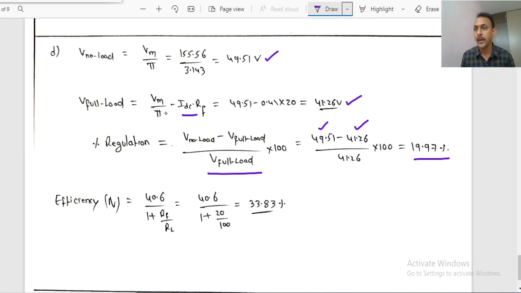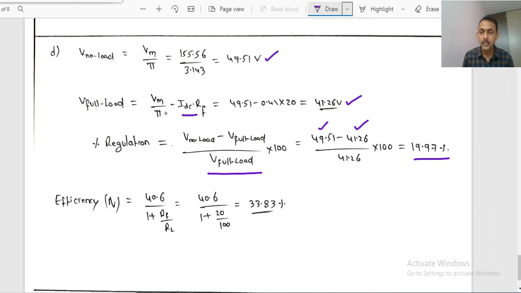That is the major drawback in the half wave rectifier. The voltage regulation is poor. Even though there is a load or no load, the voltage across the load must be constant. But here there is a change of 19% in the voltage from no load to full load.